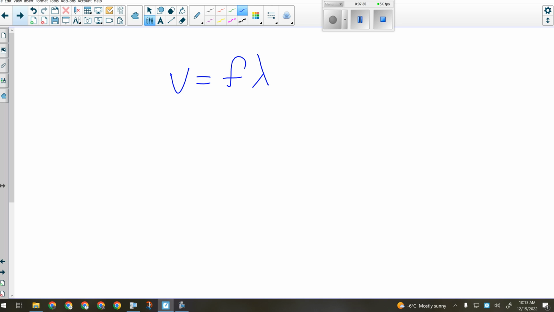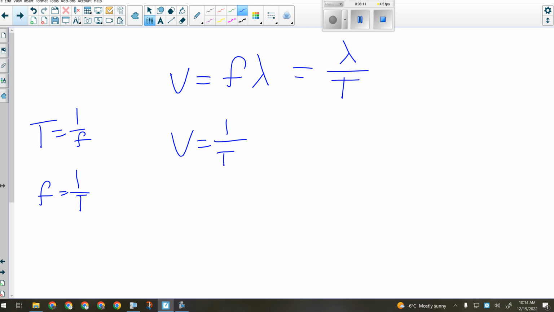So this is the universal wave equation. It allows us to calculate the speed of the waves if we know their frequency and their wavelength. We can also write it like this. On your formula sheet, it only appears in the first form, and that's because on your formula sheet, we have this formula: T equals 1 over f, which means f equals 1 over T. So if f is 1 over T, then v equals 1 over T times lambda, which is lambda over T. You guys follow the manipulation?